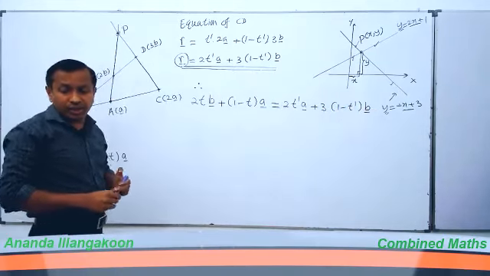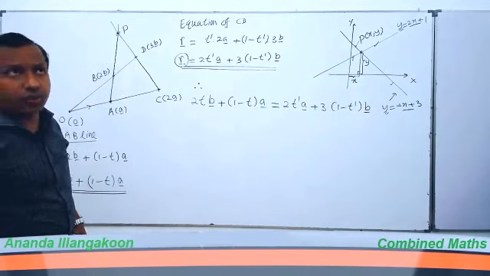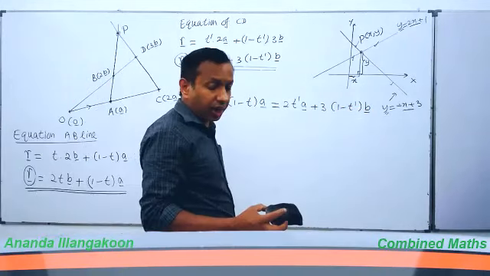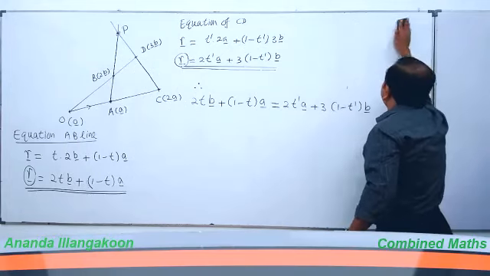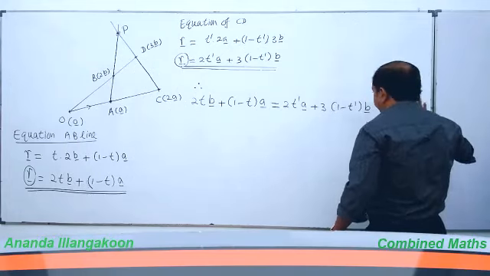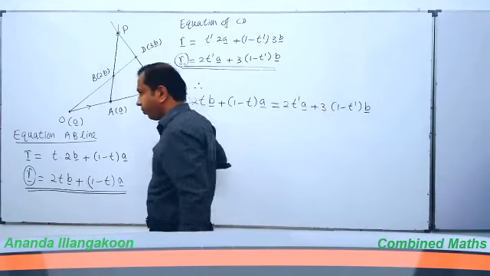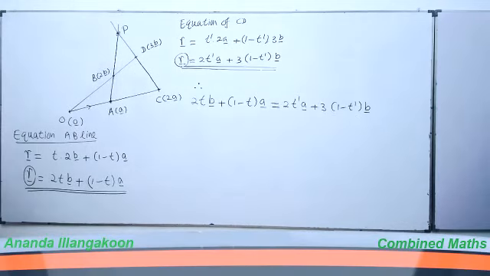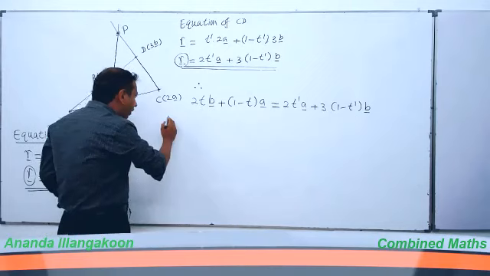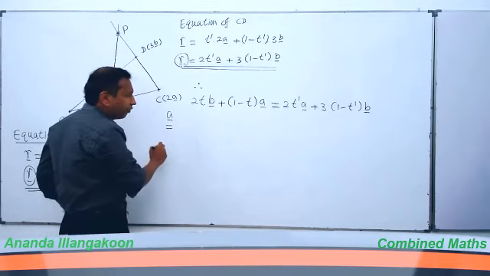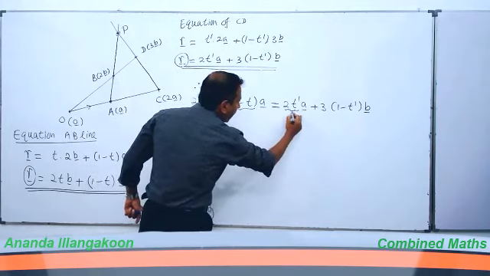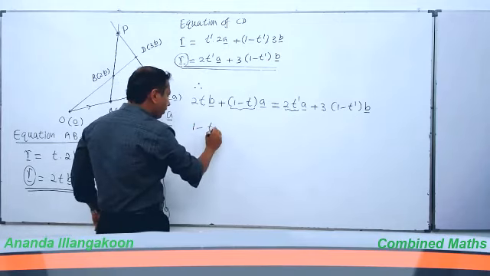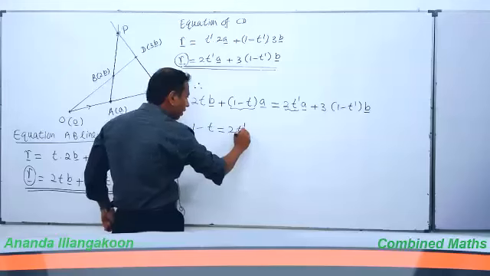Now, in the left and right, people, equate the coefficients of A vector and B vector. Equating coefficients of simple A in the left and right. Here this is 1 minus T. This is 2T dash. Then we get 1 minus T equals 2T dash.